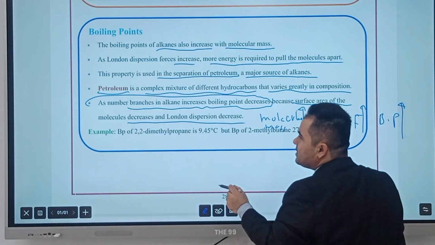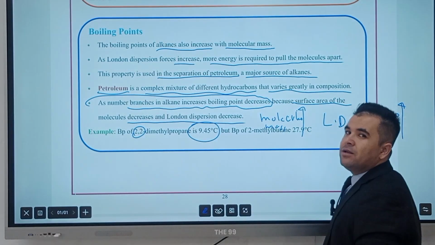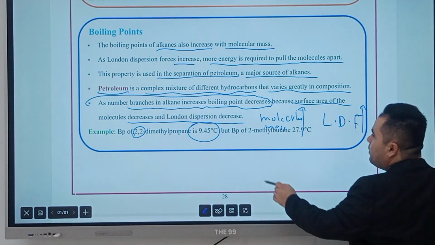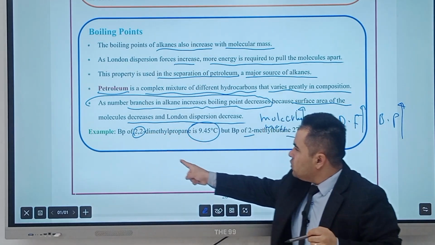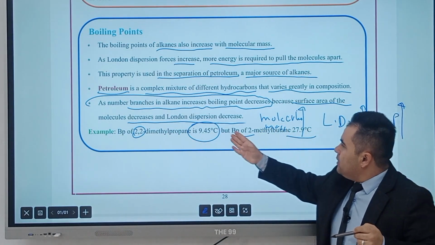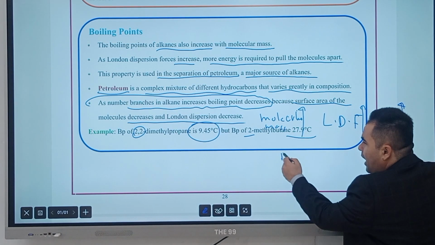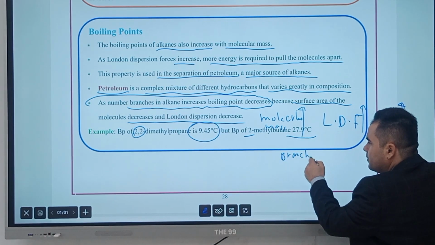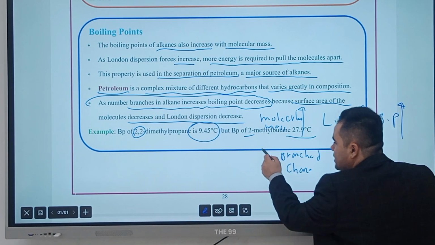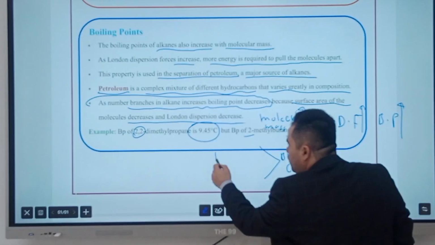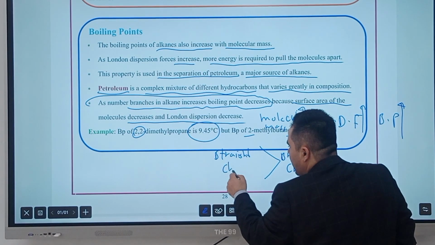Have a look at this, guys. Here we have two branches, with a boiling point of almost 10 Celsius, but one branch has 27. As the number of the branches decreases, the boiling point increases. So the branched chain has lower boiling point than the straight chain, guys.